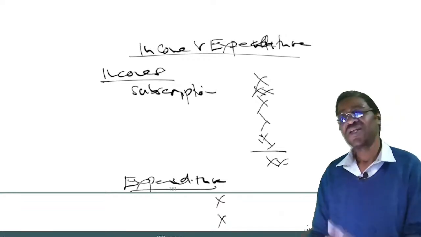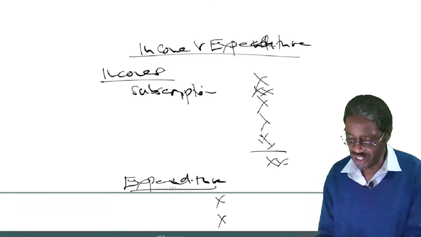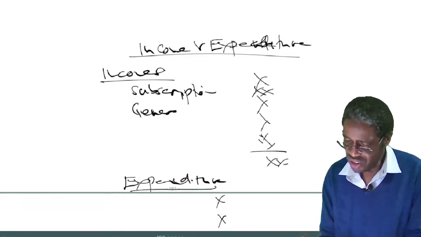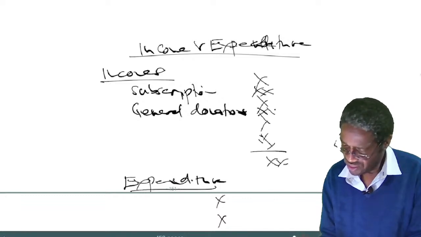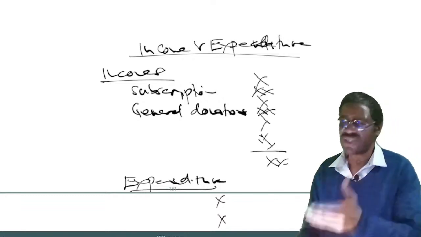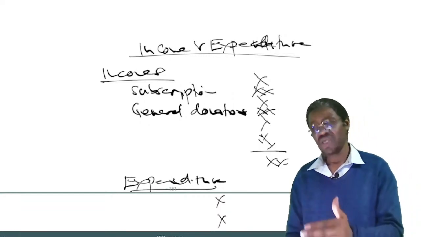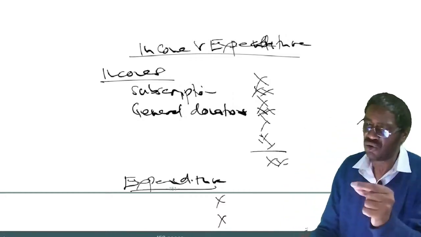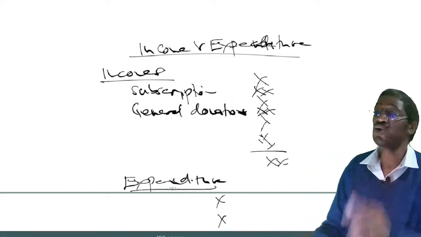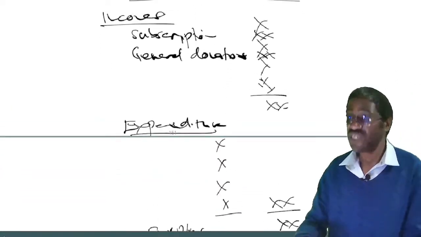Good. Then another source of income is donation. Which kind of donation? General donations, which you use to meet the expenses of the organization. Otherwise, if you are receiving a specific donation, it is not to meet these expenses.